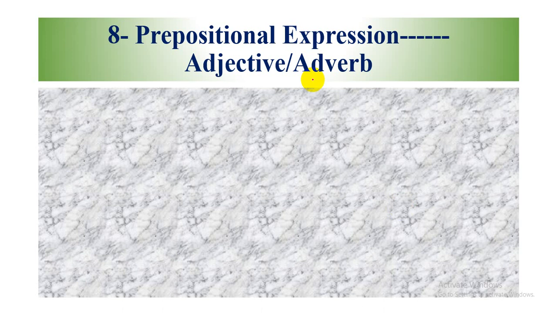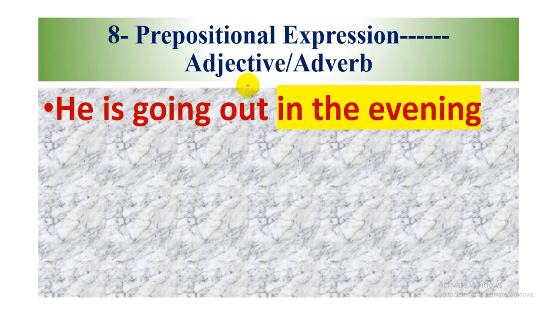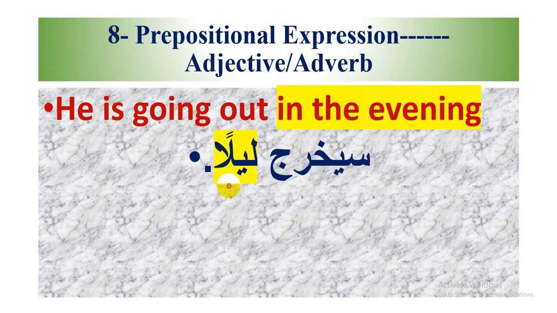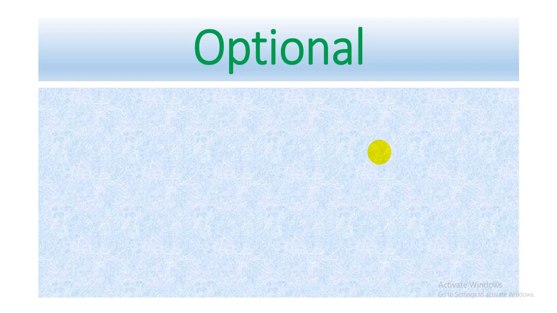Or we could change a prepositional phrase into an adjective or into an adverb. He is going out in the night, or in the evening. So we could say سيخرج ليلا. Here it's an adverb, ظرف زمان in Arabic, and in English it was a prepositional expression. A preposition plus its complement is known as a prepositional expression in English.